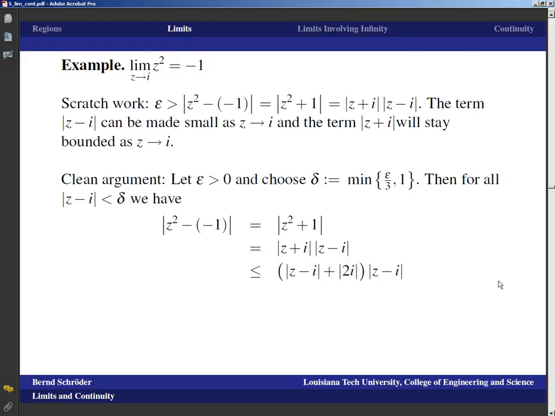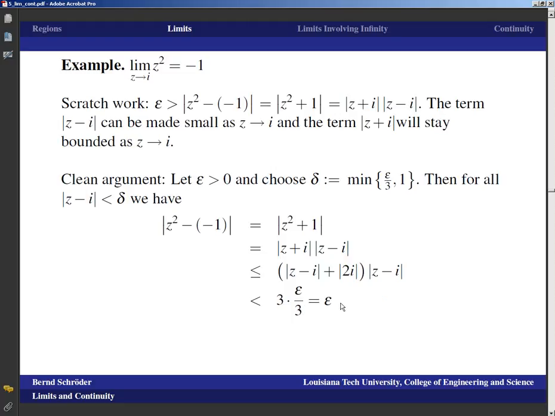And then we've got the multiplication with z minus i here. And now I know this thing is smaller than 3 because the absolute value of 2i is 2. And the absolute value of z minus i, well, that's smaller or equal than 1 because it's smaller than delta, and delta was smaller or equal than 1. So that's smaller or equal than 2 plus 1, which is 3, or strictly smaller, in fact, than 3. And z minus i is smaller than epsilon thirds, and 3 times epsilon thirds, that works out really pretty.